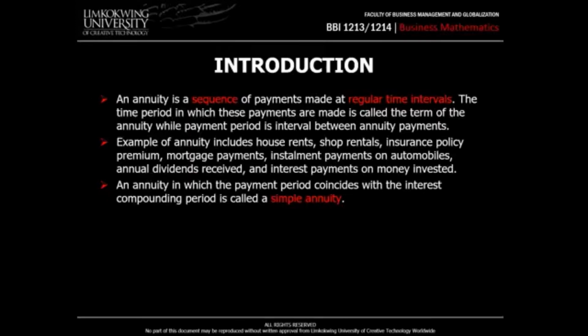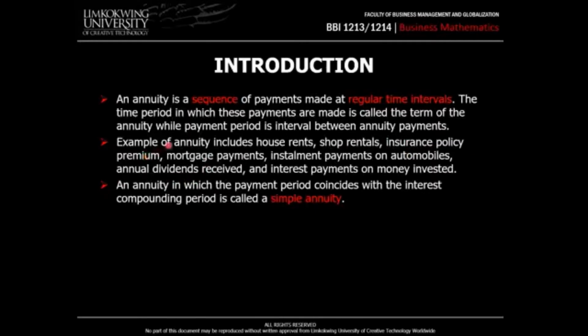The time period in which these payments are made is called the term of the annuity, while the payment period is the interval between annuity payments. Examples of annuities include house rentals, shop rentals, and insurance policy premiums. Insurance also we pay monthly or yearly, at regular time intervals. Also mortgage payments, installment payments on automobiles, and annual dividends received.